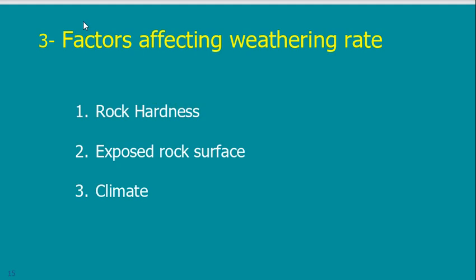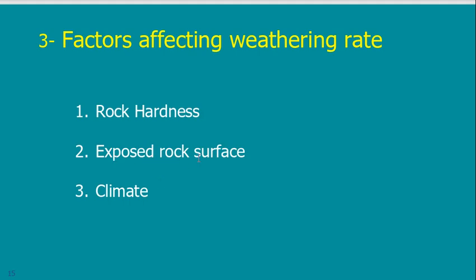What are the factors affecting weathering rate? This is also important. Will weathering happen very quickly in all rocks, or very slowly in all rocks, or does it depend on many things? What does it depend on? Of course, without thinking, rock hardness. Hard rock will take a longer time to weather.